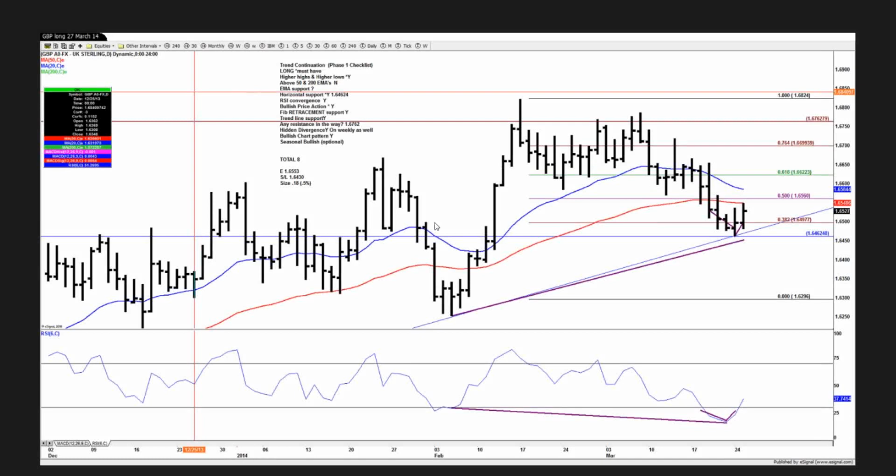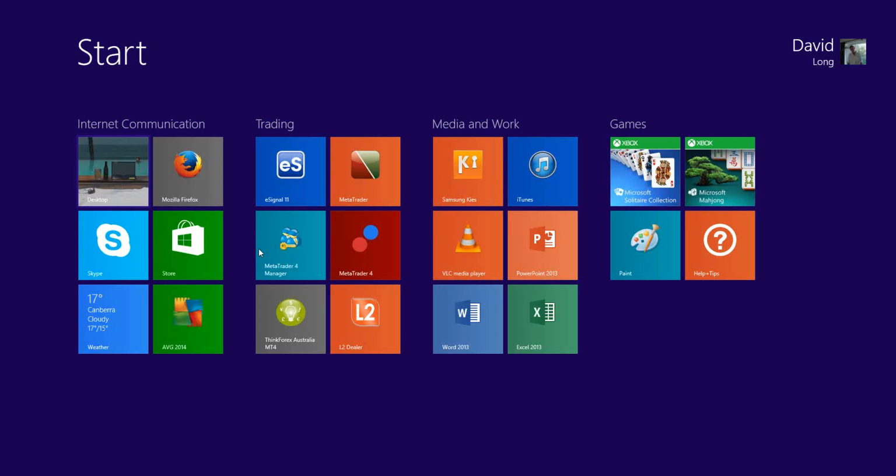You didn't have it here, and you can see the reaction there. RSI convergence, yes. Hidden divergence on weekly as well. Cool. Bullish chart pattern, seasonal bullish. 64.30. Yep. 0.5% risk. Cool. That's all good. Yeah, convergence. Awesome work. Windows 8. Love it.